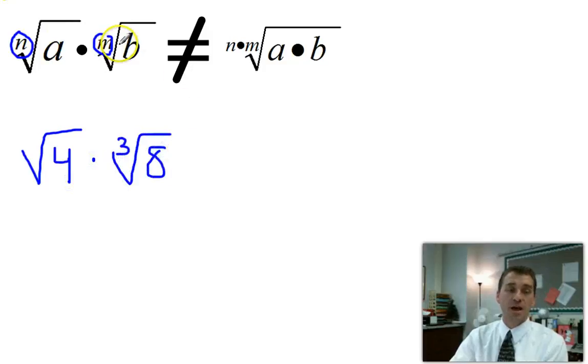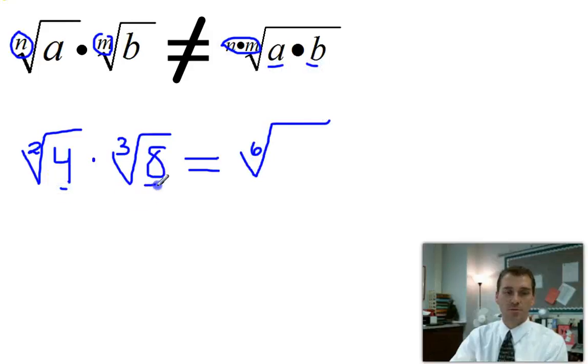What this rule is saying, if it did work, if this not equal sign was there, it would mean then you could do 3 times this 2, because n times m, right here, will give you the 6th root of whatever a times b is. Well, that would be 4 times 8, which is 32. Well, you can punch in your calculator.